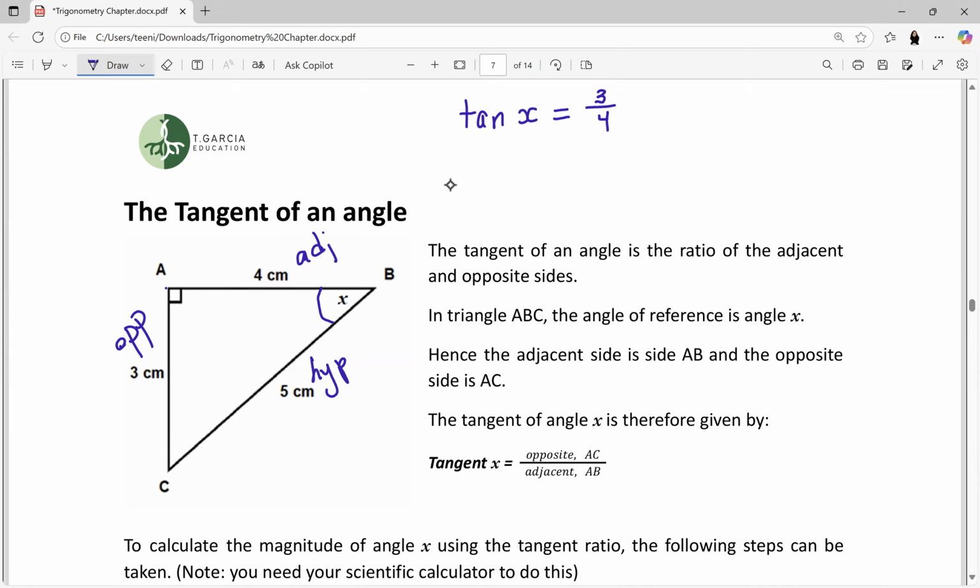Therefore, tan of x is equal to 0.75, and therefore x would be equal to the tan inverse of 0.75. Punch that into your calculators, tan inverse of 0.75, and see if you also get 36.87 to 2 decimal places.